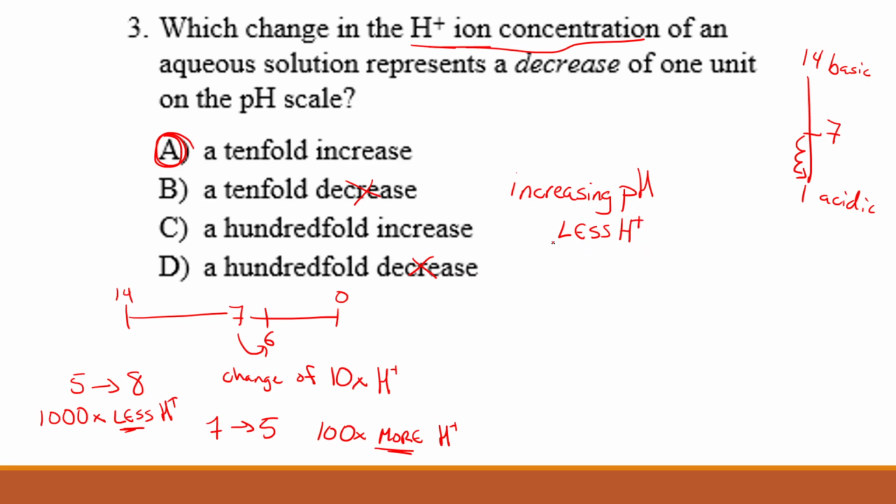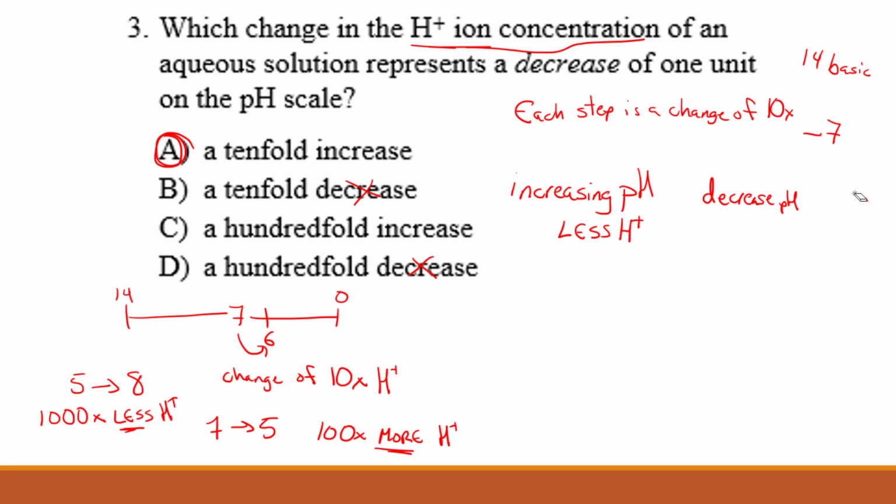Then each step is a change of 10. If we decrease the pH, that's an increase, there's more H plus.